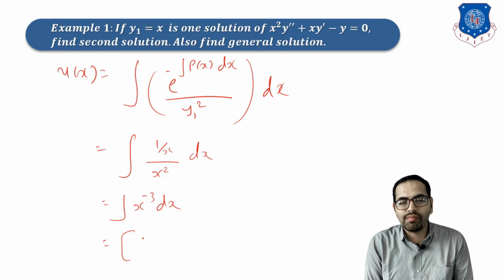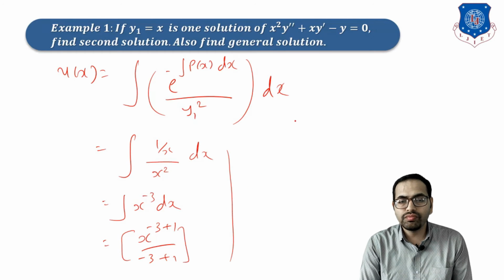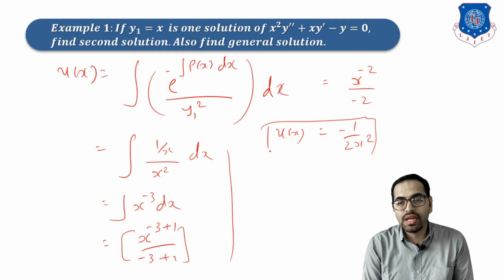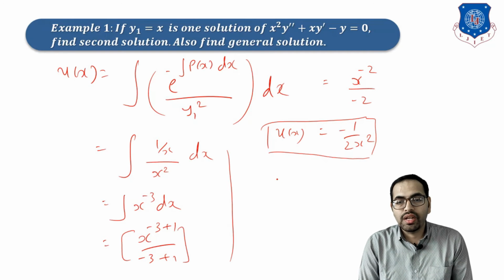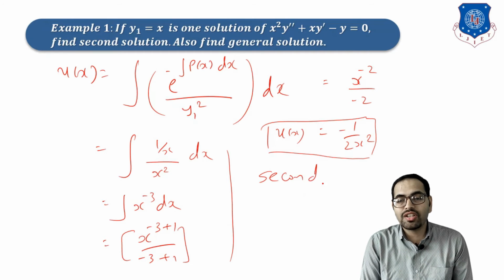Now the integral of that term is x raised to minus 3 plus 1 upon minus 3 plus 1, then it becomes x raised to minus 2 by minus 2, meaning minus 1 half x square, that is the value of u of x. Understood? Now we find the second solution. The second solution, we have the formula y2 of x equal to u of x into y1 of x.